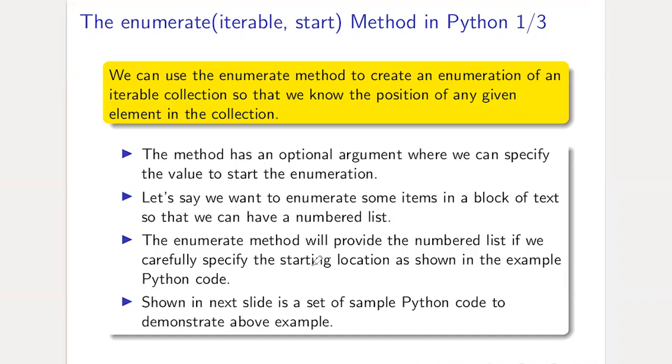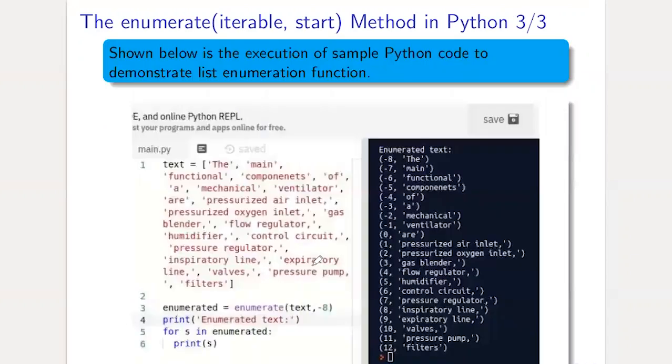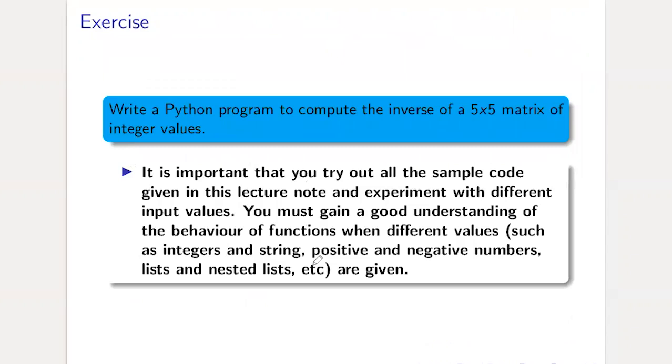But the difference between writing your own method and using the built-in functions is that Python built-in functions tend to be much faster than what your functions would achieve at runtime. So that is the advantage. Right. So this brings to an end our discussion on the list.